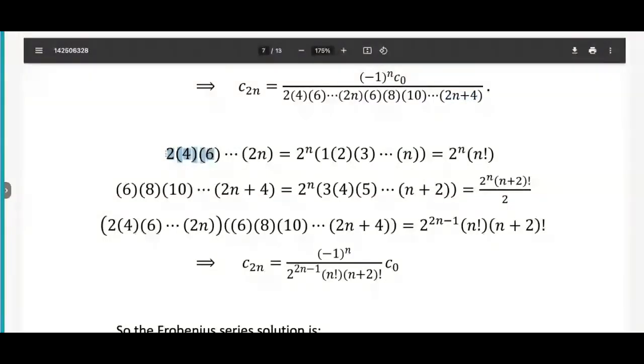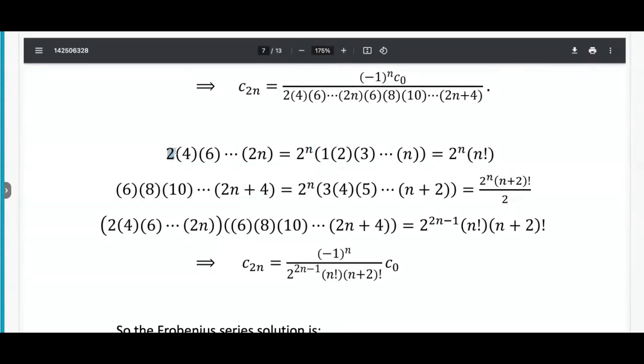So this is 2 times 4 times 6 times up to 2n. That's 2 to the nth power of n factorial, right? Because each one we can factor out 2. Each one has a factor of 2, so that's 2 to the nth power.